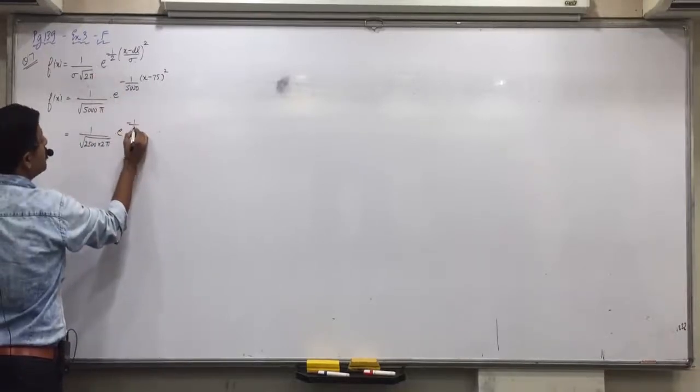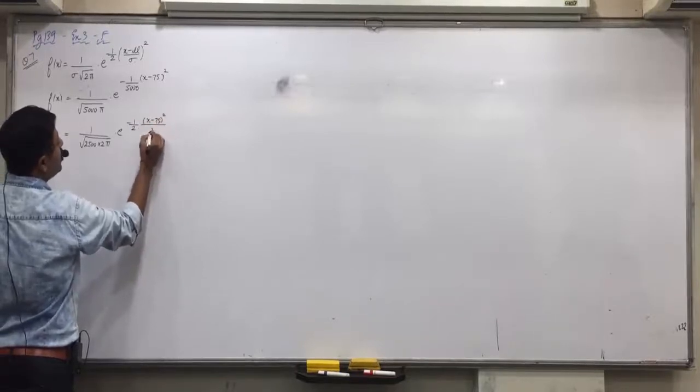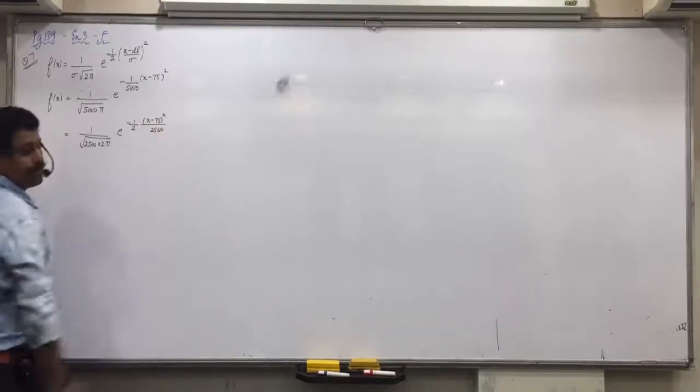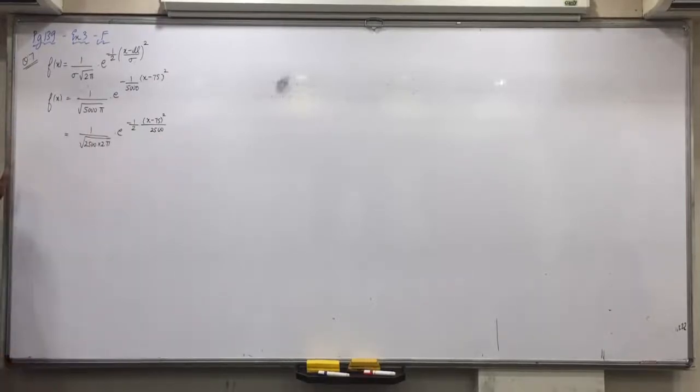So can I write minus 1 by 2 into x minus 75 square upon 2500? So 2500 into 2 becomes 5000. Write down fast. Raise your hand who did not understand this step. All are clear with this?